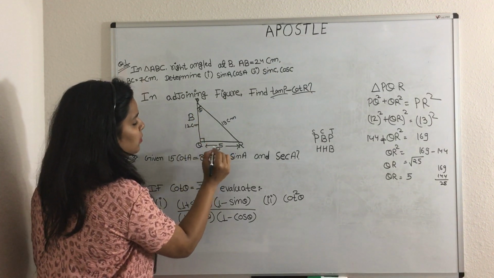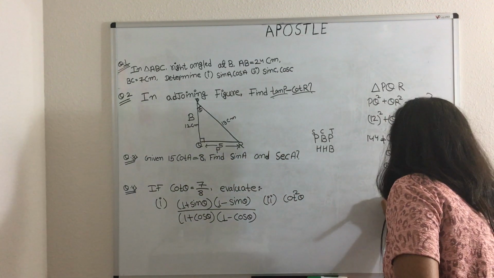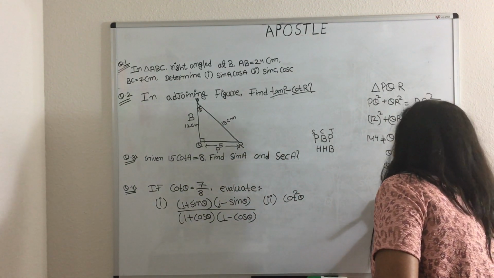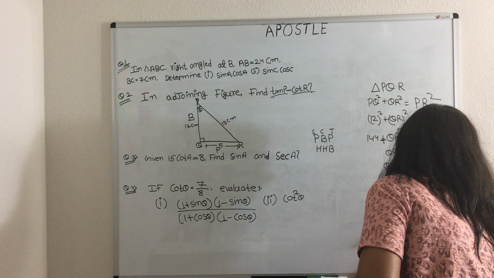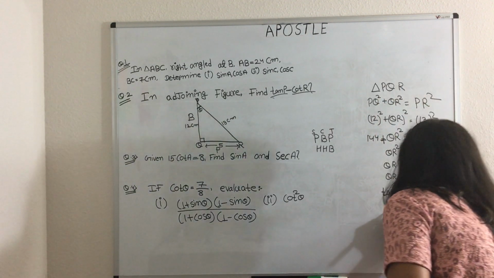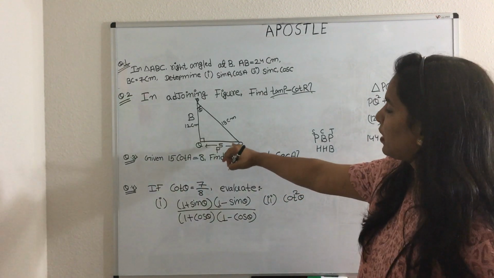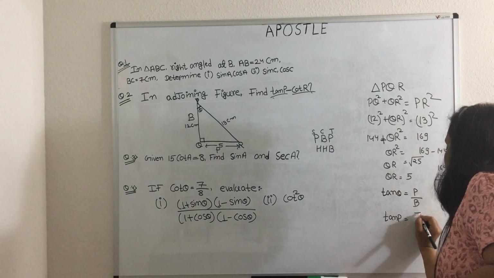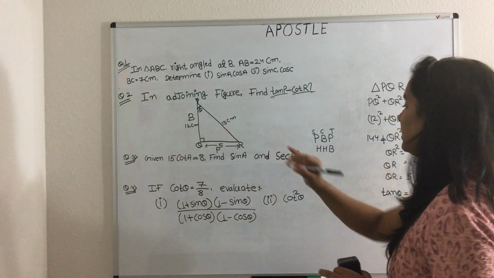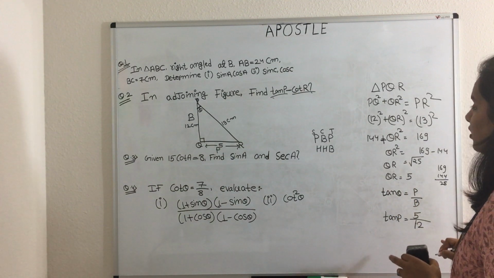So this is perpendicular. From this formula we can find tan theta. So what is tan theta? Tan theta is perpendicular upon base. So now we have to find tan P. What is the perpendicular? In this case perpendicular is 5 and base is 12. So tan P is equal to 5 by 12.